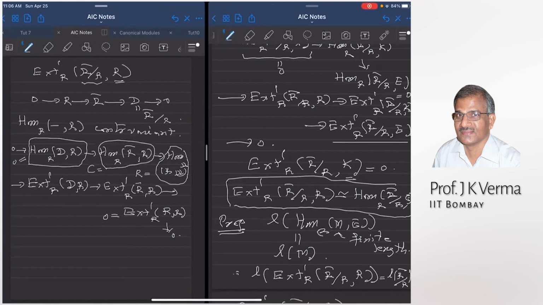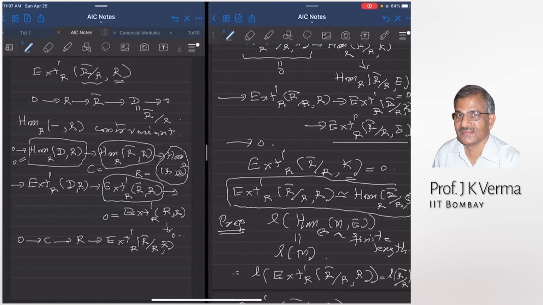So I have this exact sequence: 0 to C to R to Ext^1(R bar over R, R) to Ext^1(R bar, R), and so what about this Ext^1? There's again 0 because R is an injective module.